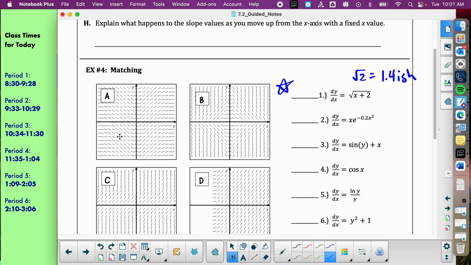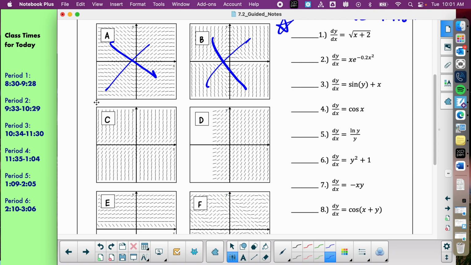A looks like a slope of 0. B looks like it has absolutely nothing, unless it's a horizontal line, which it might be, but either way, that would be a slope of 0. We get to C. That's a maybe. Okay, D. Yeah, that's a maybe. I mean, it looks like about 1.